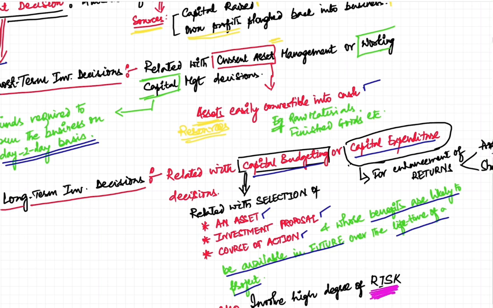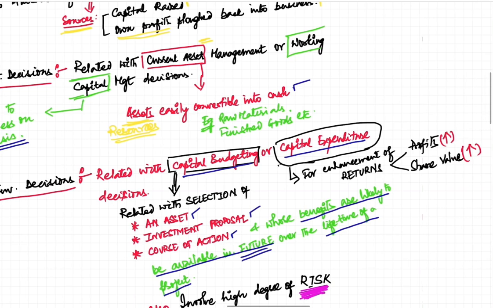You anticipate benefits which are likely to occur or accrue in future till the existence of the lifetime of a project, right? Those are long-term decisions. Now, these decisions are what we call capital budgeting decisions, or long-term decisions are also those decisions which are related with capital expenditure.